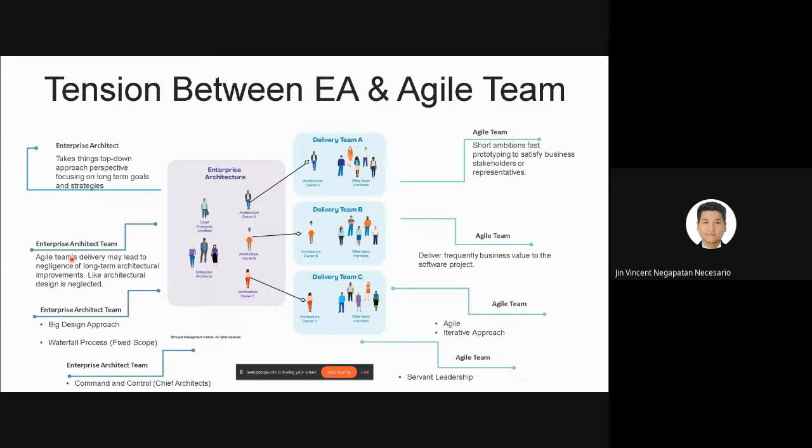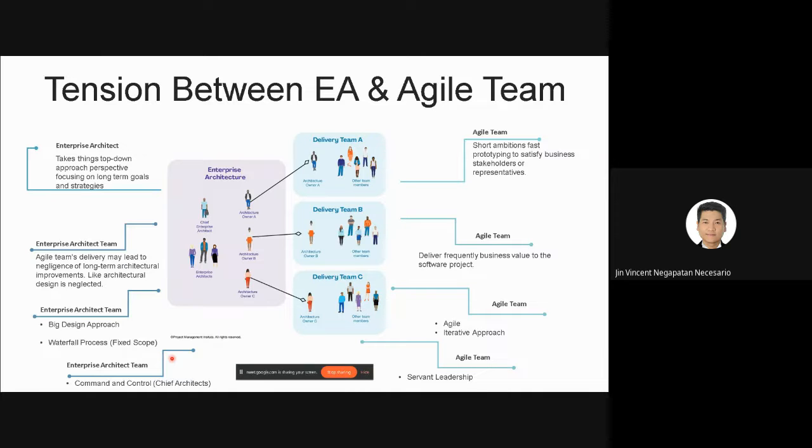Another thing is their differences. Most enterprise architects have this big design approach, whereas the agile team delivers frequently with business value to the software project. Another one is that the enterprise architect has this command and control, especially the chief architects.